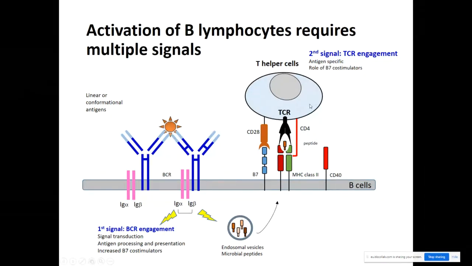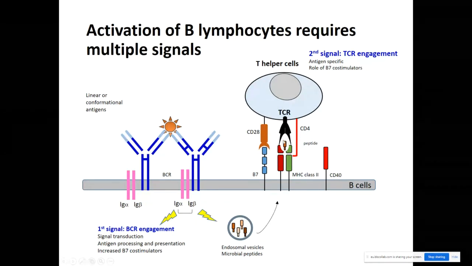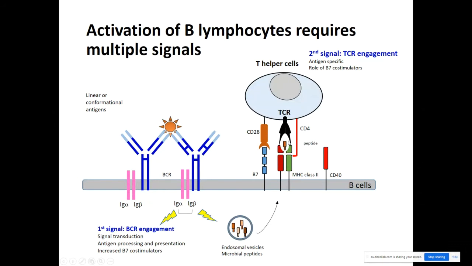The TCR on the T helper cell, which is CD4, knows what microbe it is looking for, because it has been instructed by the antigen presenting cells to look for a specific microbe. Only when it finds the B cell with the right microbe will it fully engage. If this is not the right peptide for this TCR, the TCR won't get engaged. It's only when there's the right match between microbial peptide and TCR that you get activation of the helper T cells.